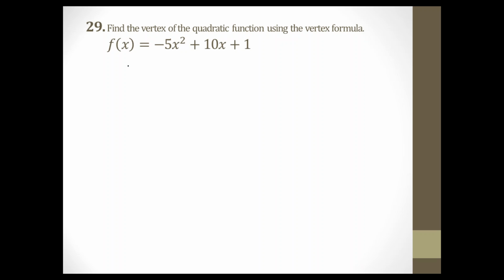Using the vertex formula. Okay, I'm back. Reading is fundamental. Okay, so find the vertex of the quadratic function. I was thinking something else. Anyway, so to find the vertex of a quadratic function, we need to start by finding the x-coordinate of the vertex.